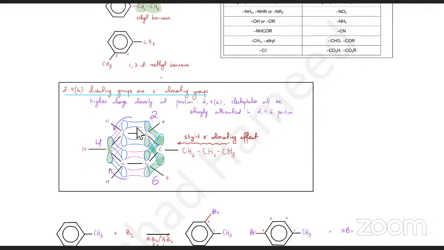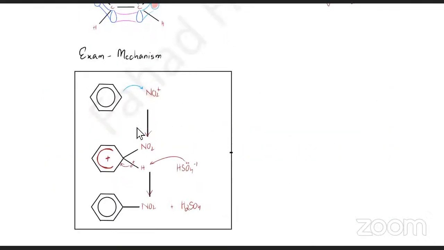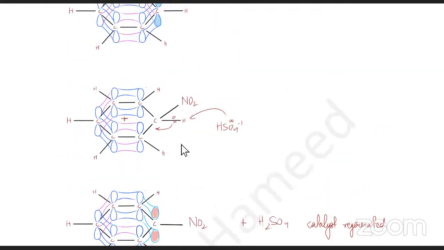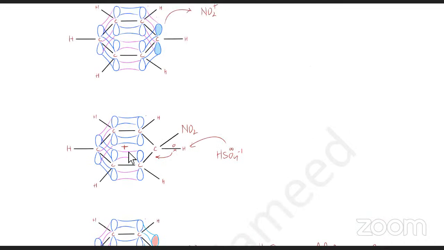And that also means that if the carbon in the middle gets a positive charge, even that positive charge has a very low charge density. So it doesn't really attract other things. Now compare this with alkenes.